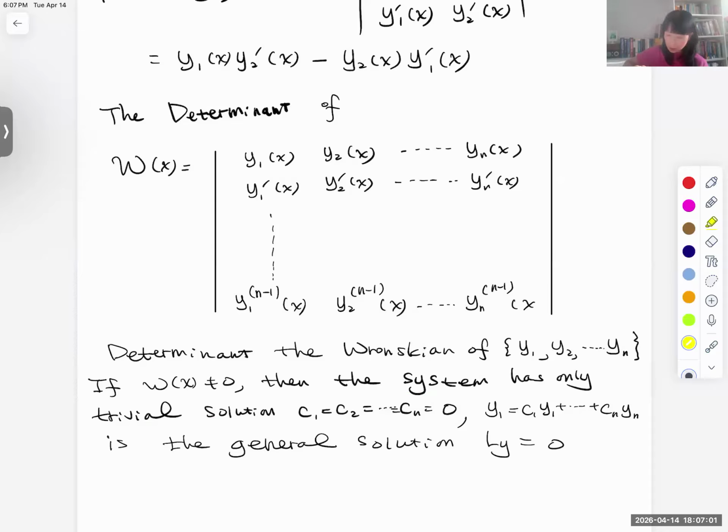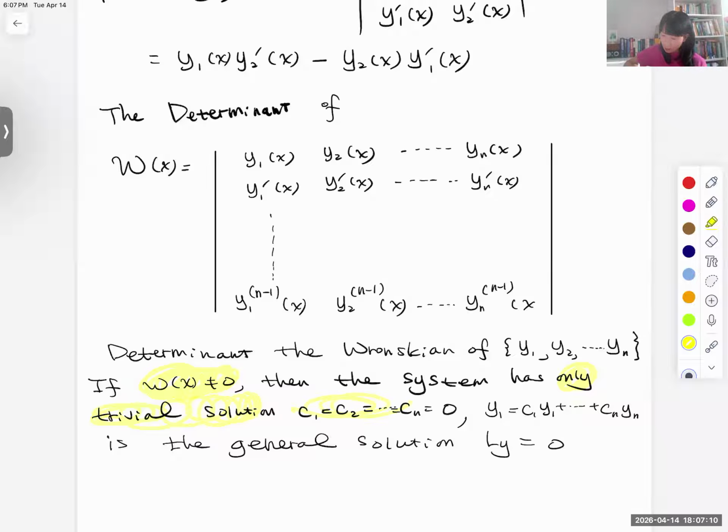So the Wronskian is not equal to 0, only the trivial solution. Okay, let's do it. For 2 by 2, we know how to apply the Wronskian, right? So a 2 by 2 determinant is the same as before.